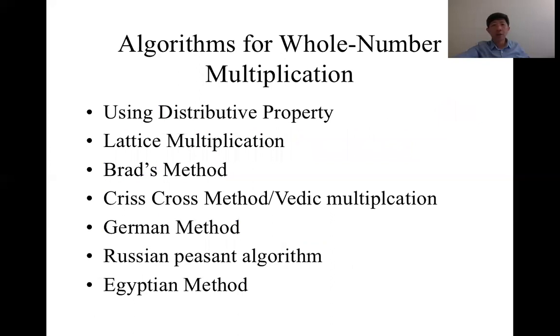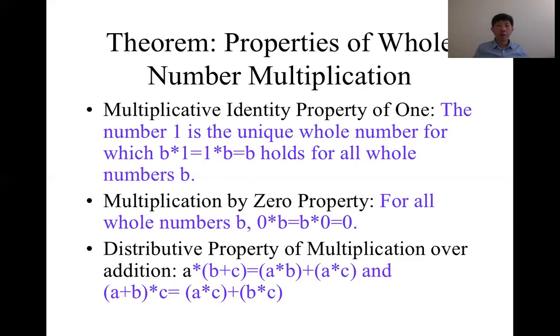So you take A times the parentheses B plus C, which is equal to A times B plus A times C. And you take A plus B in parentheses times C, which is equal to A times C plus B times C. The distributive property is just like this.